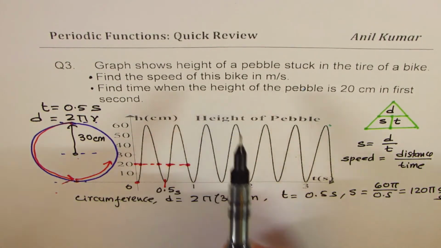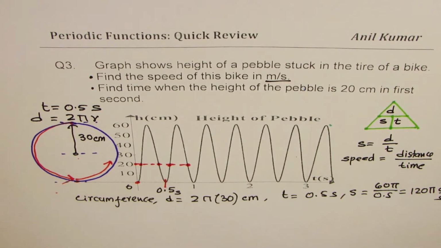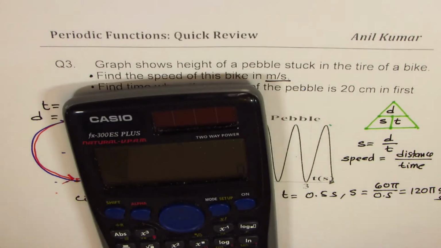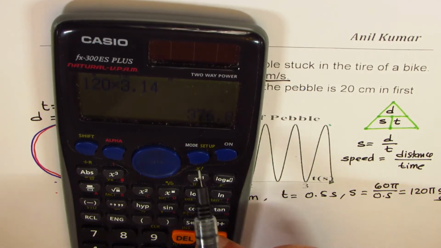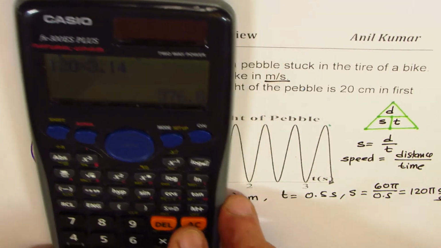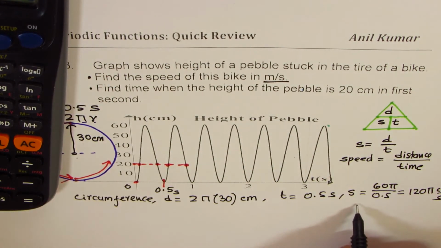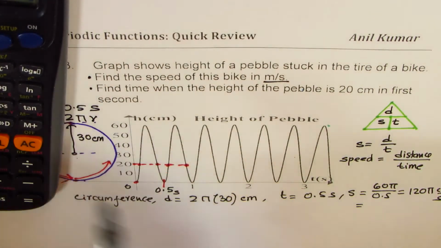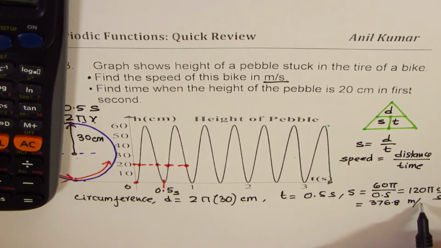You need units as meters per second, so you have to divide this by 100. Now let's find the exact answer. We'll use pi as 3.14. So 120 times 3.14 is 376.8, and I'm going to write it in meters per second.